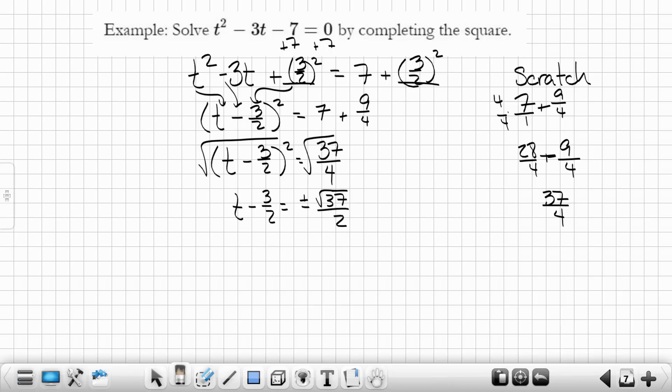There is no square root of 37, but there is a square root of 4, which is 2. Add 3 halves. Not only is it going to be a square root of a number, but as far as I can recall, Aiden, that number for the denominator here is always going to end up matching the denominator on this side, so you'll always have a common denominator when you go to do that. And we have our 2 solutions.